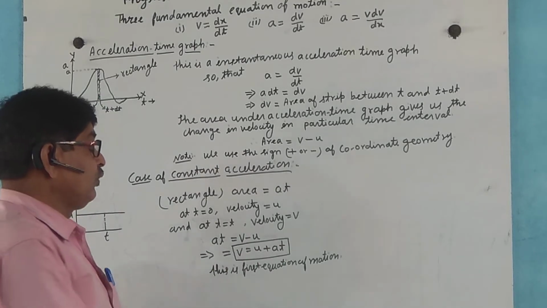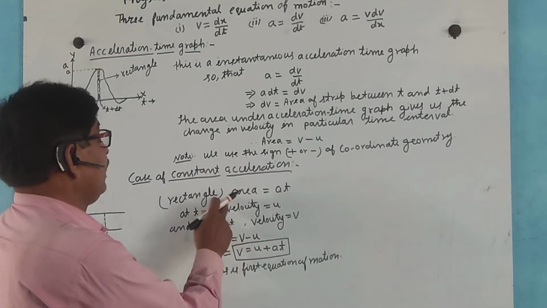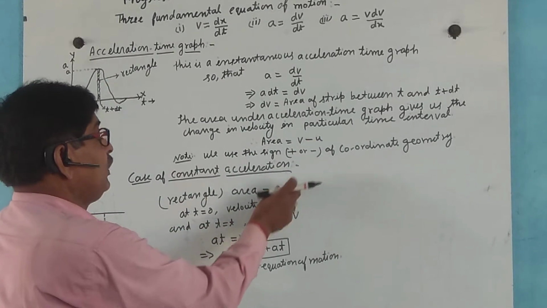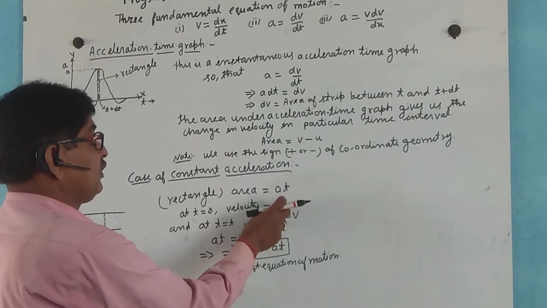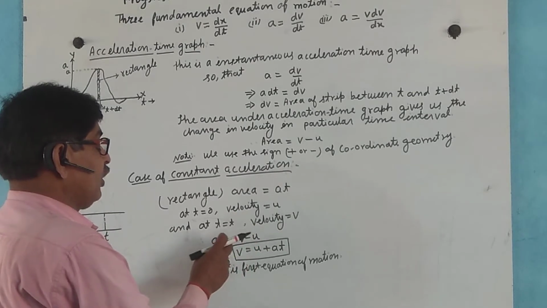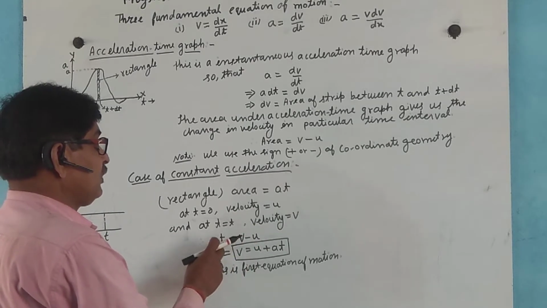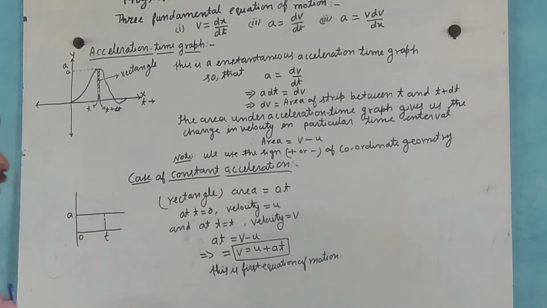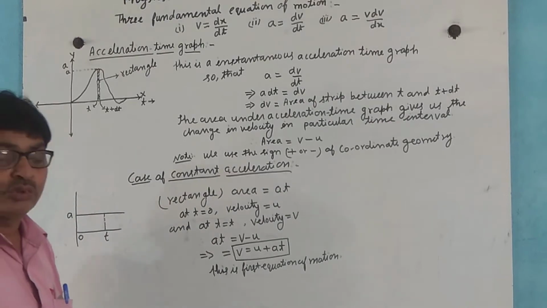So we can write the area at is equal to v minus u, so u comes over: u plus at is equal to v. This is the first equation of motion.